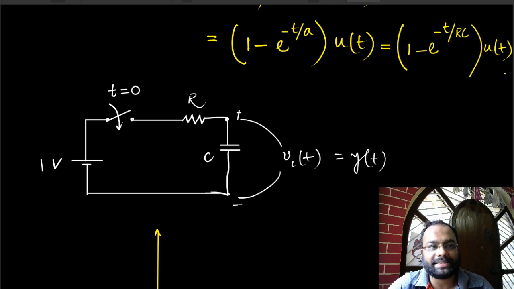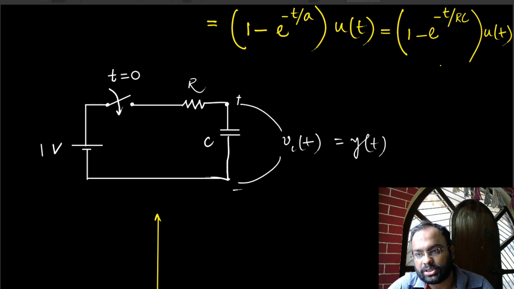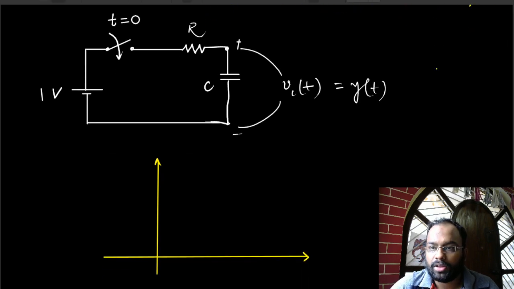When t is less than 0, the output is 0 because u(t) is 0. And when t is equal to 0, look carefully, this is 1, then again the output is 0. After that, this term gradually decays, and when t tends to infinity, this term becomes 0. So the output gradually becomes 1.